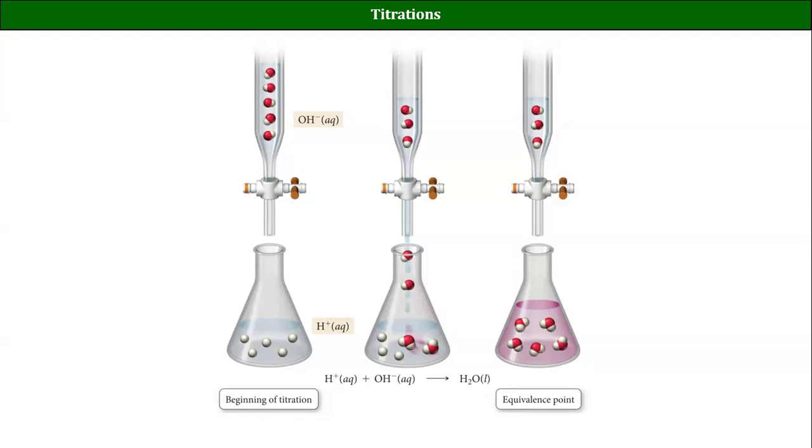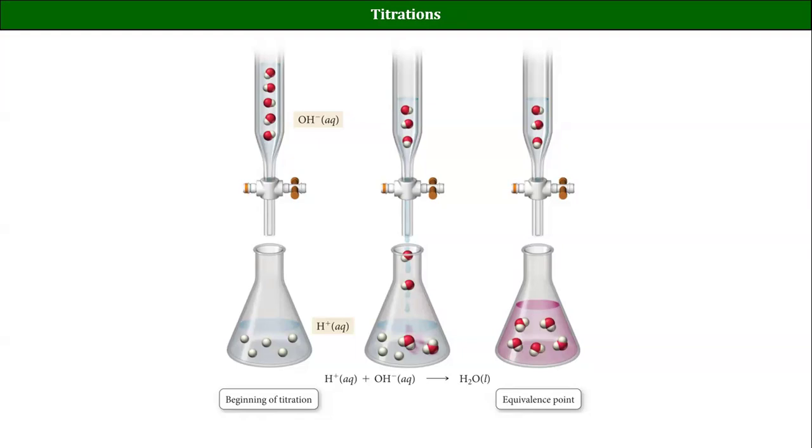If we don't know how many moles per liter we have over here, a lot of times with these titrations, what we're trying to find is how many moles of one of our reactants we have. And we do that by adding a certain amount of the other reactant.